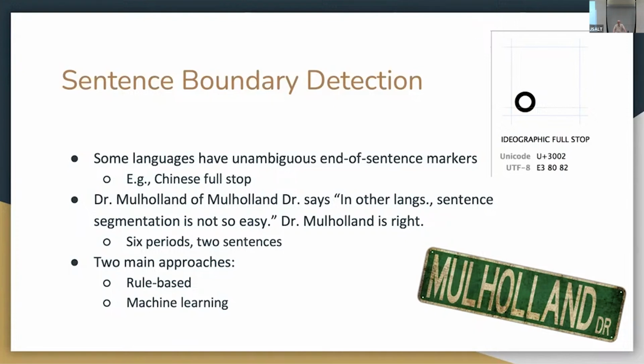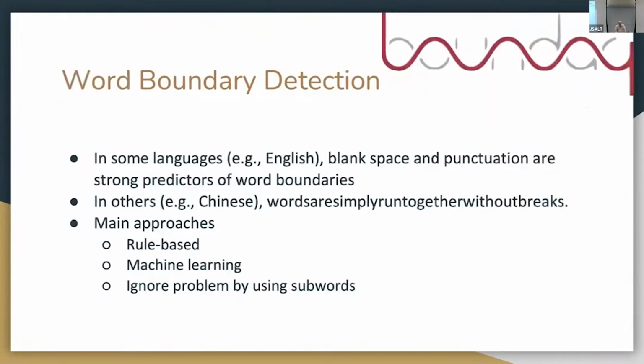Okay, so how do you know whether a period ends a sentence or not? That's a problem. And something like machine translation really likes to have parallel sentences. Right? So if you're building this big parallel collection, you want the things on both sides to be sentences. So you want to be able to find where they are. And you can do that rule-based or through machine learning.